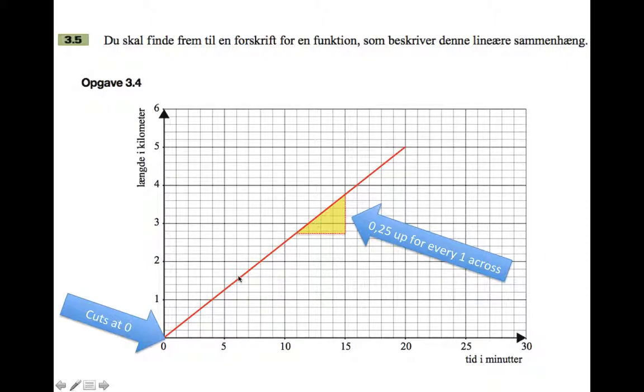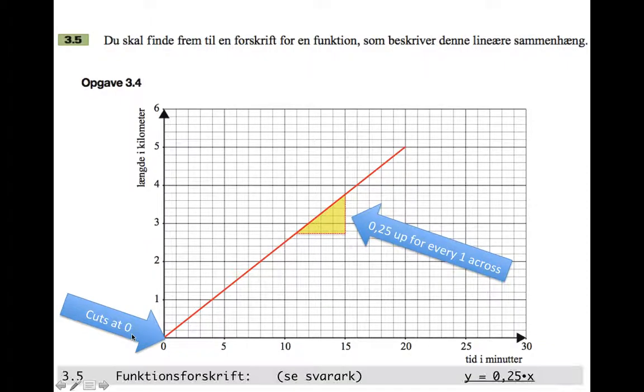So you're not trying to read a little section of the graph where it's just going across by 1 and you've got to figure out how much it's going up. Think about the bigger graph and figure it out from that. So because it's gone 5 up for 20 across, I can figure out that it's going 0.25 up for every 1 across. And as I said, it cuts at 0.